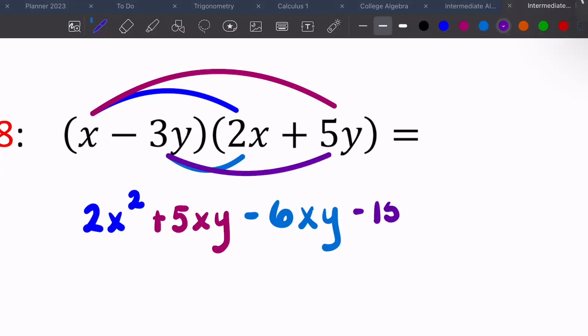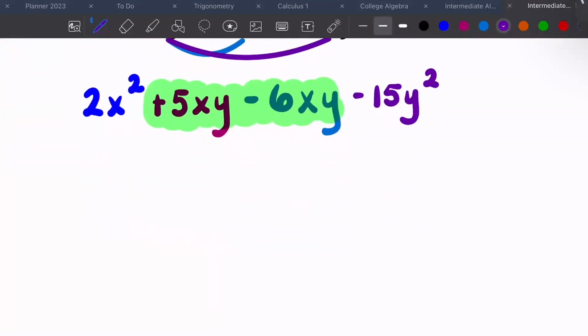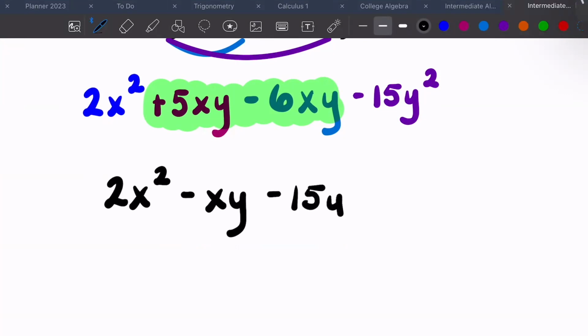Minus 15y squared. Okay, so it looks different, but we still have these like terms in the middle, right?